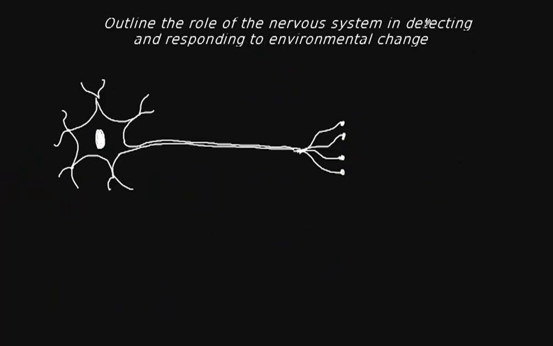Now looking at this point a little bit further, we notice it's outlined the role of the nervous system. Primarily the role of the nervous system is coordination. It coordinates the negative feedback mechanism.